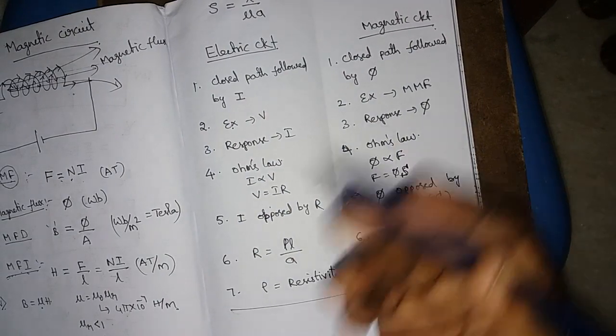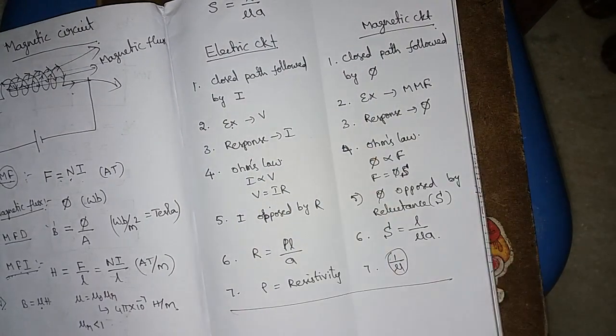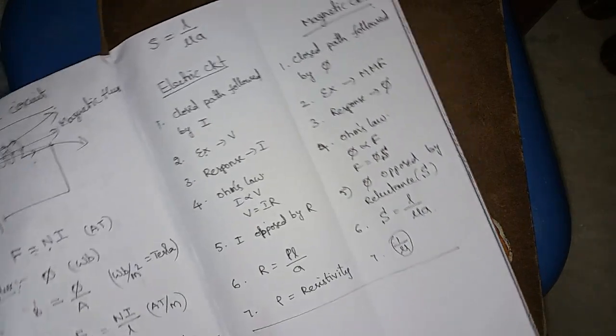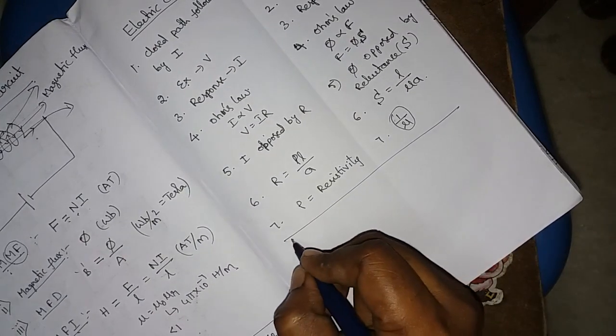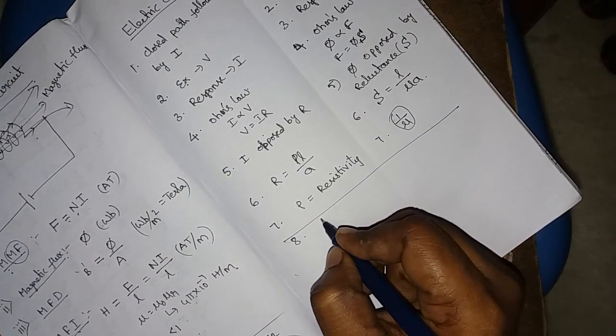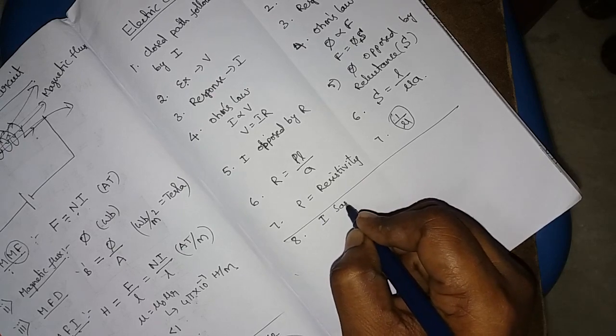In the next session, I will continue with the magnetic circuit, that is the series magnetic circuit. In a series electric circuit the current is the same.